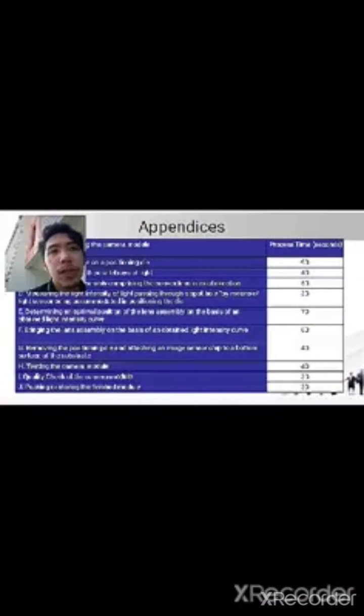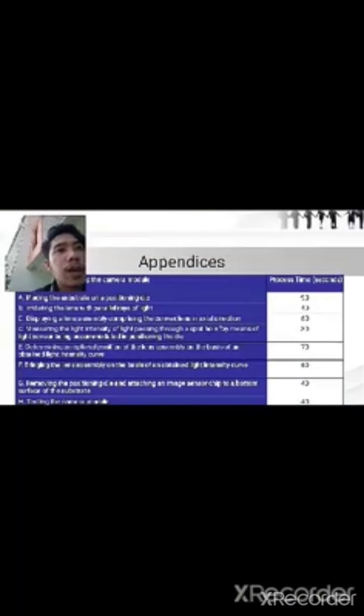Process A has 90 seconds process time, process B 40 seconds, process C 60 seconds, and process D 30 seconds.